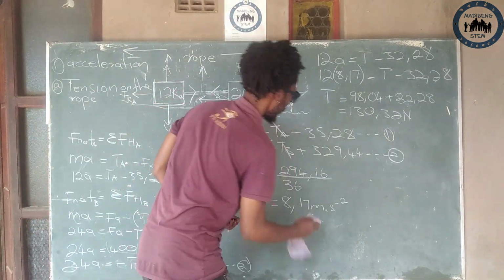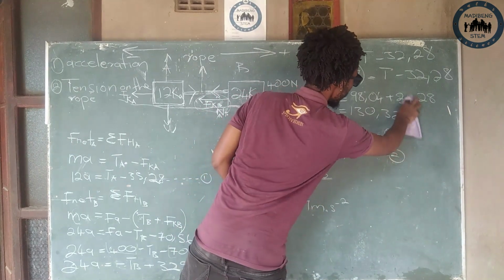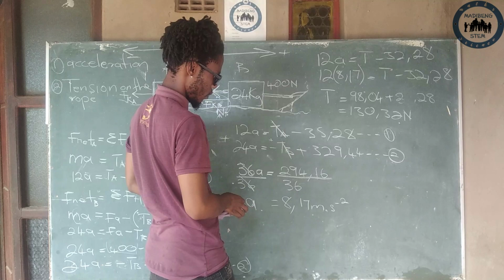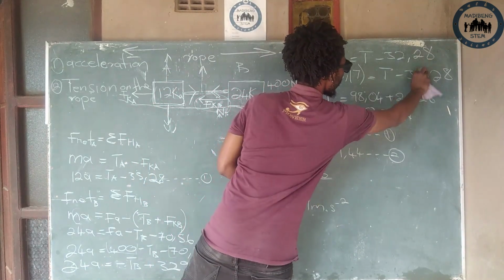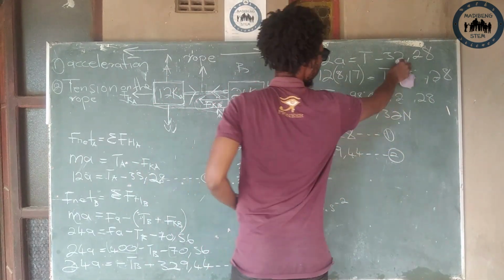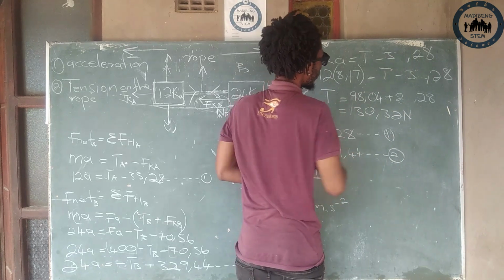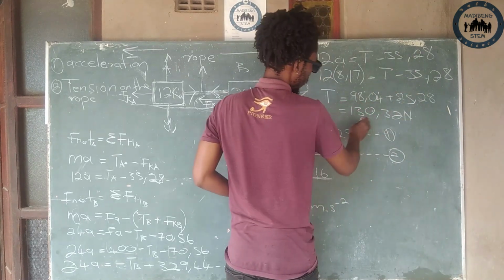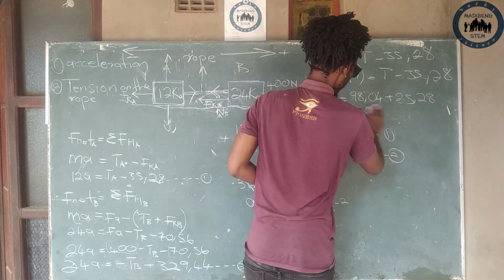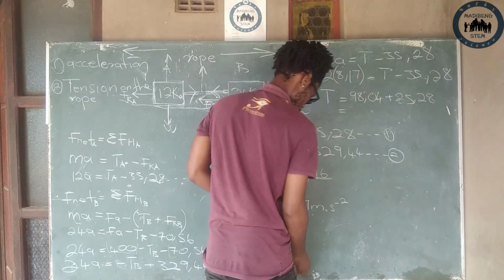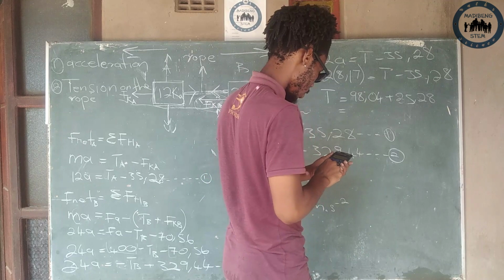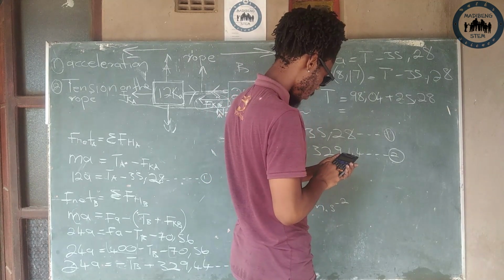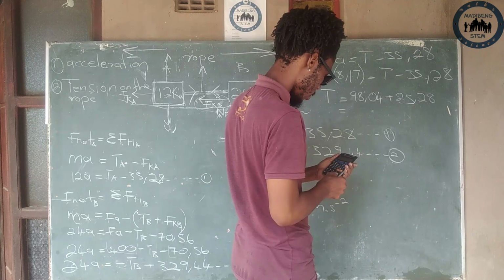Guys, this is not 32, it's 35. I've made a mistake here. This is 35, not 32, guys. So instead of 32, let me fix this. This is 35. So what is 98.04 plus 35.28?